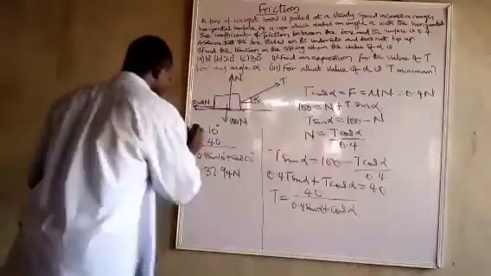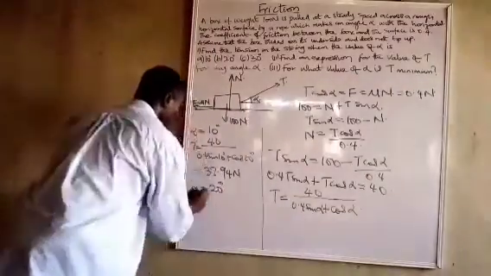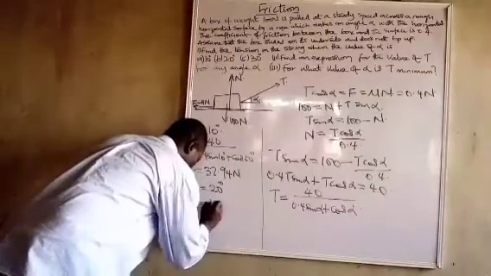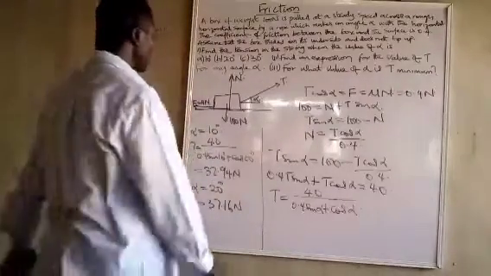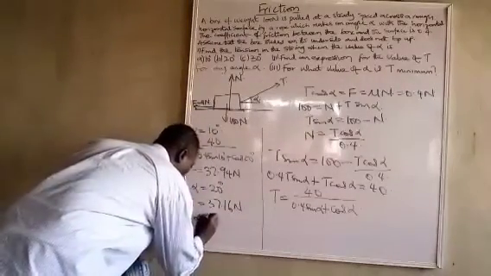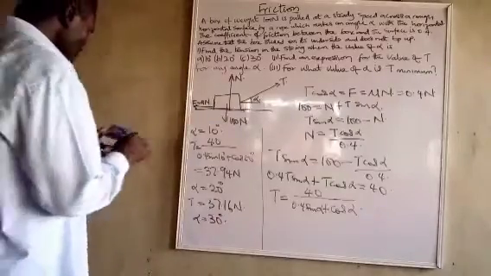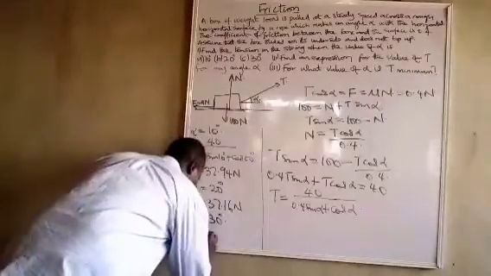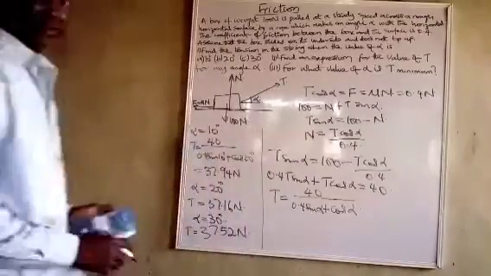Now, when alpha equals 20 degrees, I'll just input it here, and that is 37.16 Newton. When it is equal to 30 degrees, it's 37.52 Newton. So very easy.